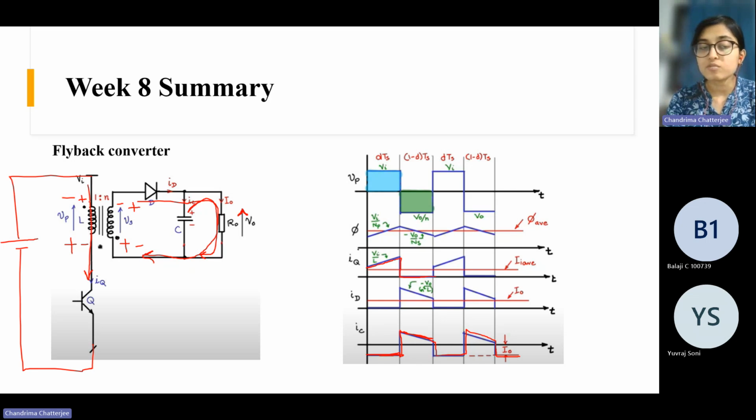But here, in one interval, it gets energized, and in the next interval, it dissipates that energy like an inductor. So it acts as an inductor rather than a transformer. Okay. So you need to understand this for a flyback converter.